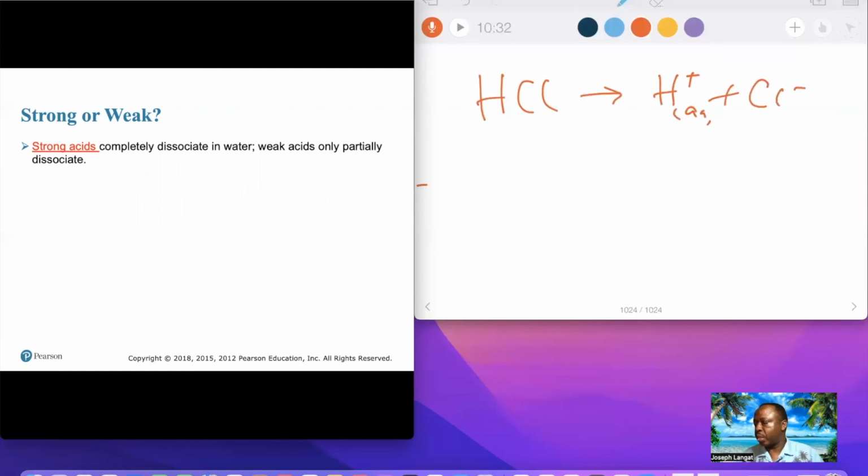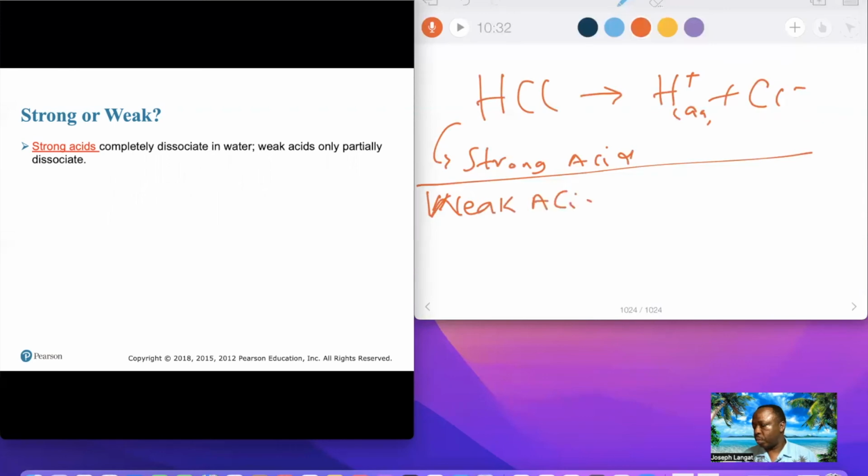But this is a weak acid, acetic acid. This is an example of acetic acid. You'll see it over and over again.